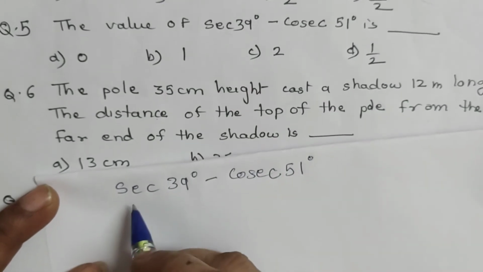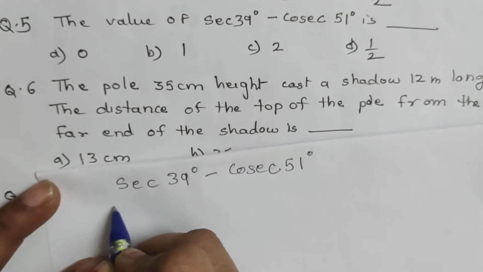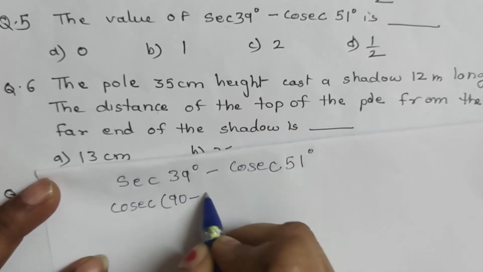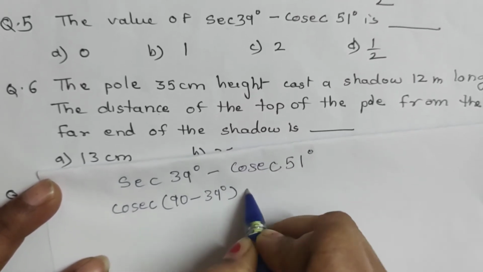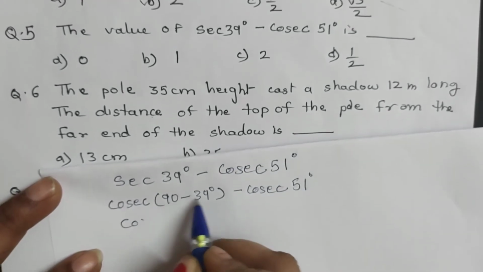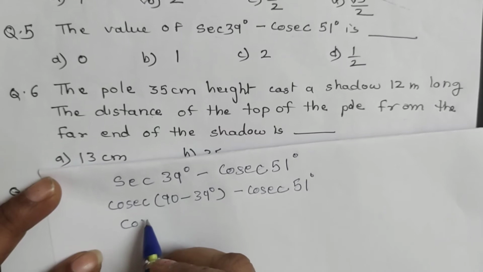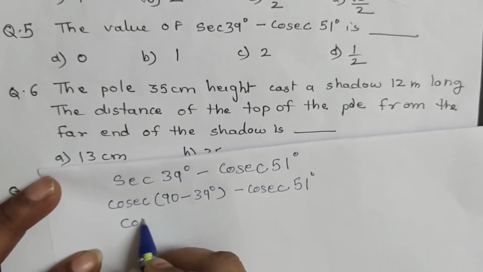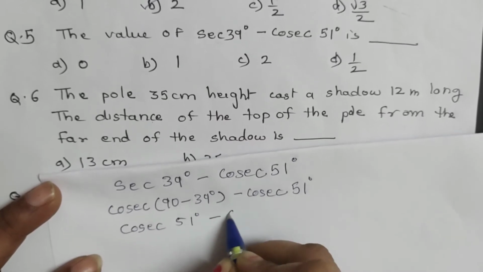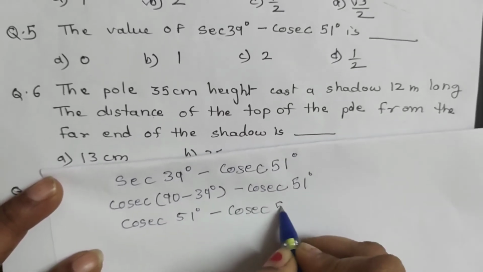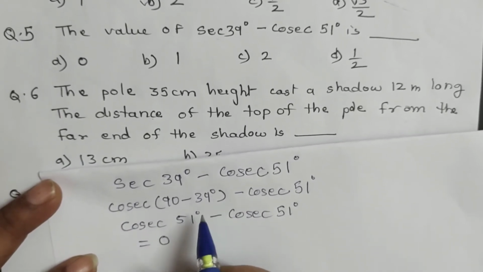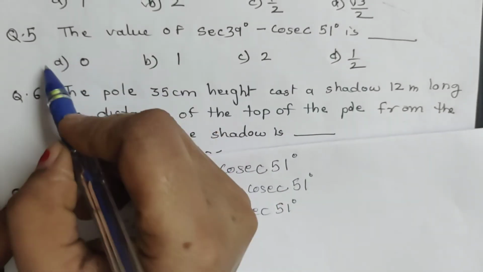Now sec A is cosec 90 minus A. So cosec 90 minus 39 degree minus cosec 51. 90 minus 39 is 51. So cosec 51 degree minus cosec 51 degree, so equal to 0. So the correct option is A, 0.